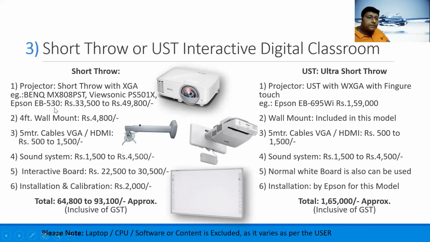Whereas if you go for Epson EB530, it has all the ports, HDMI, VGA, everything, and it also has a 16-watt speaker inbuilt. If your classroom is small enough, it can work. If it is big enough, then you will have to connect an external speaker. So the pricing depends on the models, and you need a wall mount in this, a 4-feet wall mount, and a 5 meters cable connecting your projector to your CPU or a laptop.